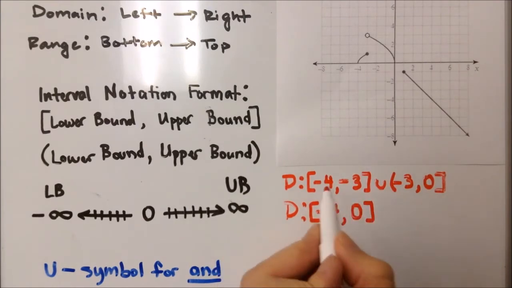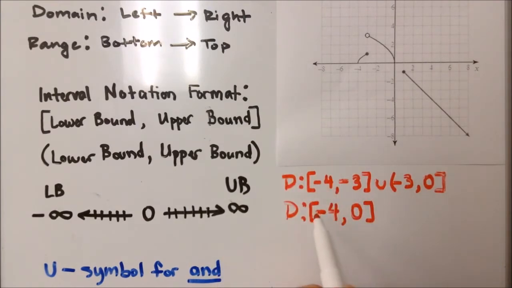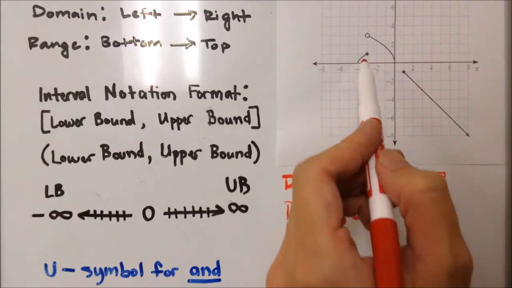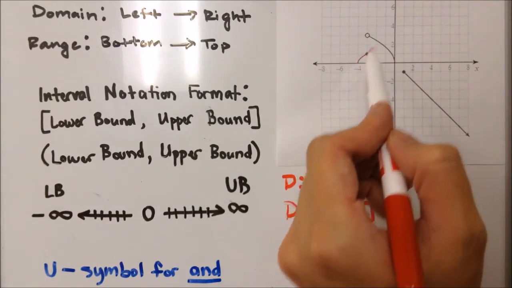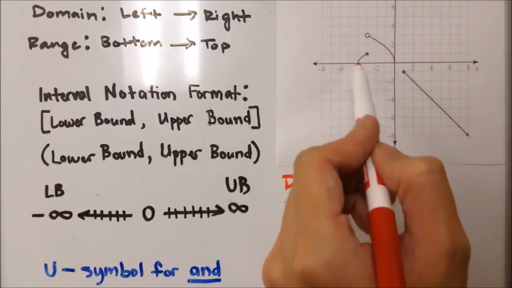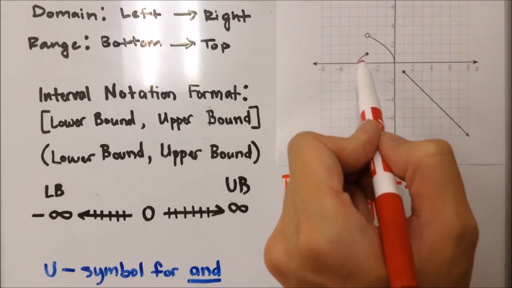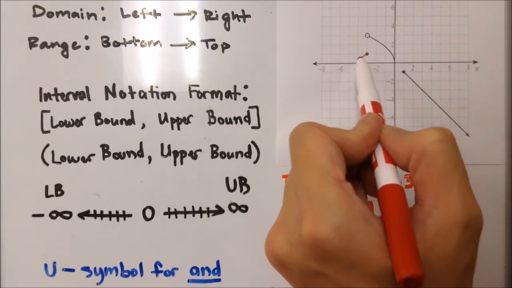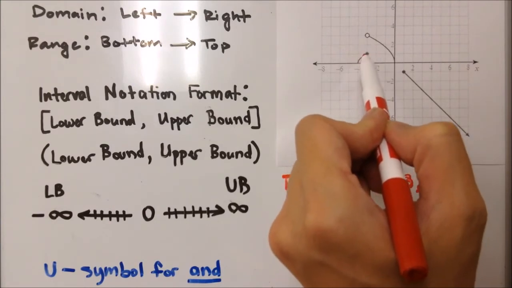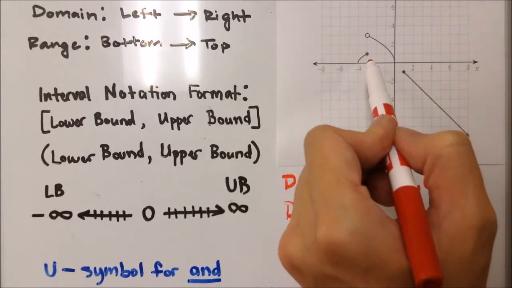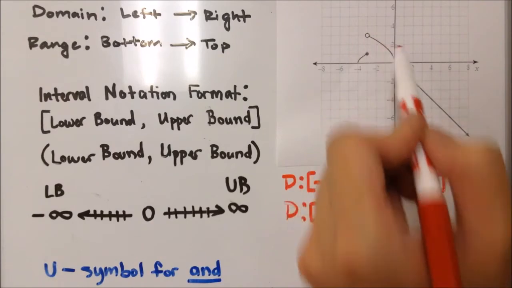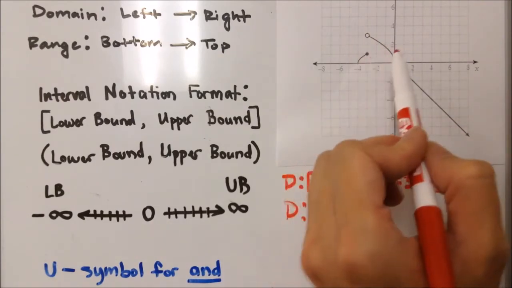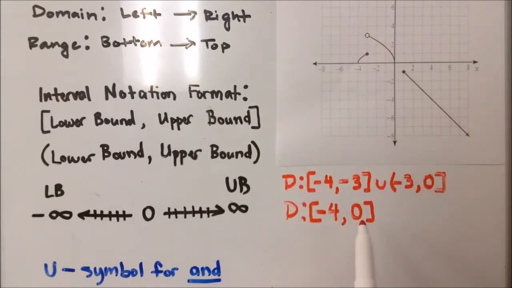The reason we could do that is all the numbers from -4 to 0 align with the graph. All the numbers from -4 to -3 are part of that graph, and numbers from -3 to 0 are part of that graph. So our domain for these two graphs is from -4 to 0.